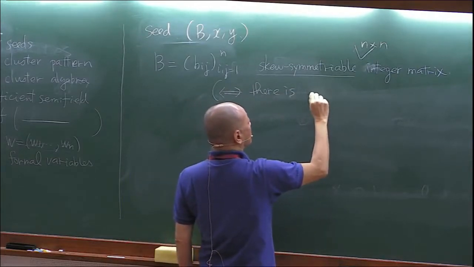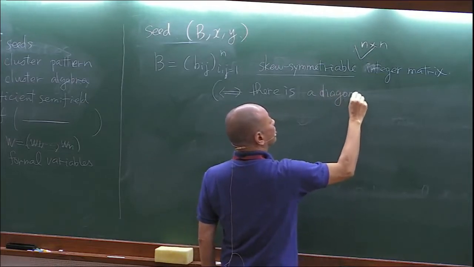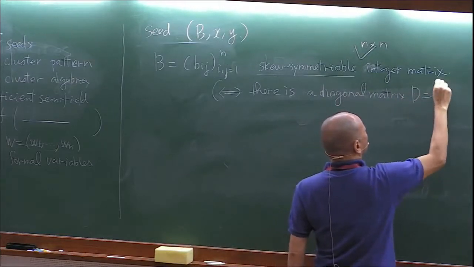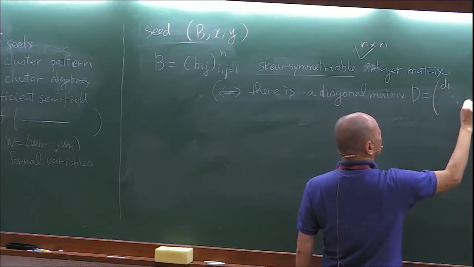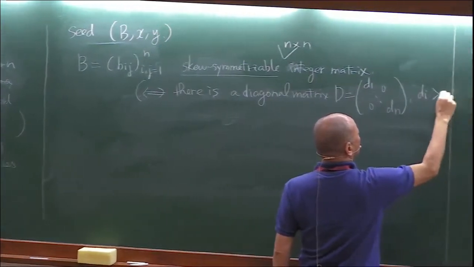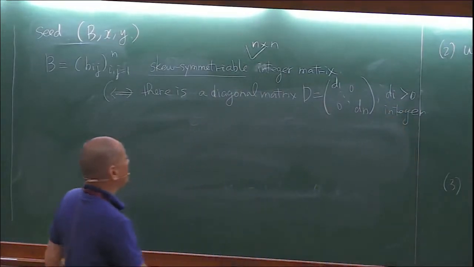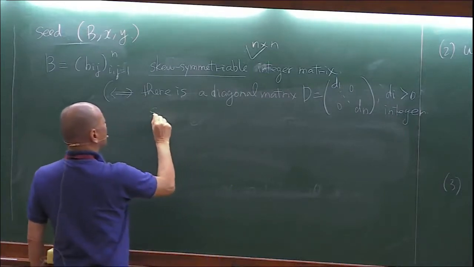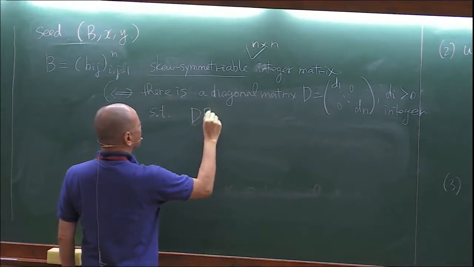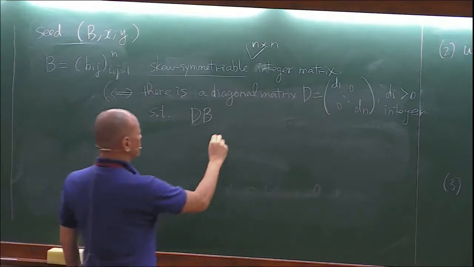Here, skew-symmetrizable means, by definition, that there is a diagonal matrix D, whose components are positive integers, such that once you multiply from the left, DB becomes skew-symmetric.